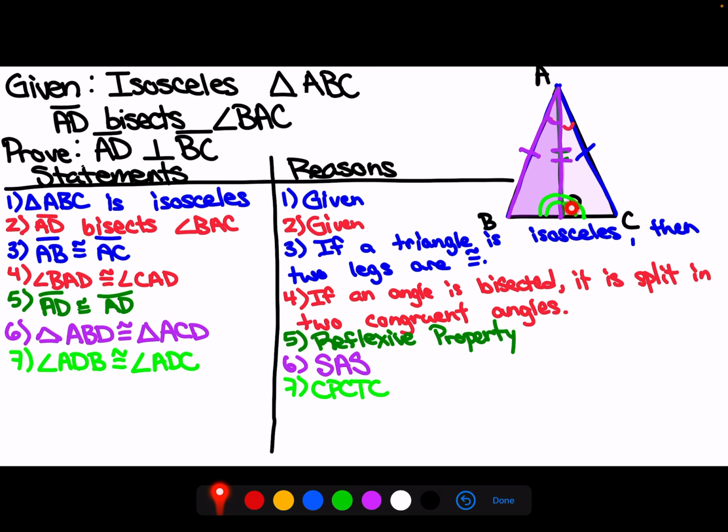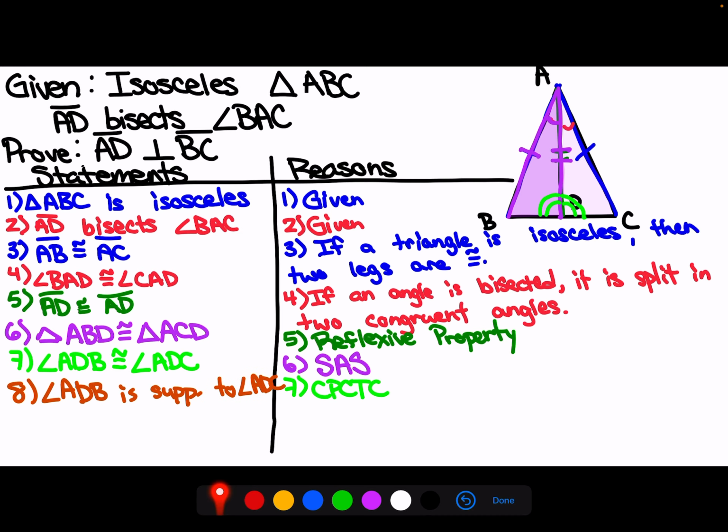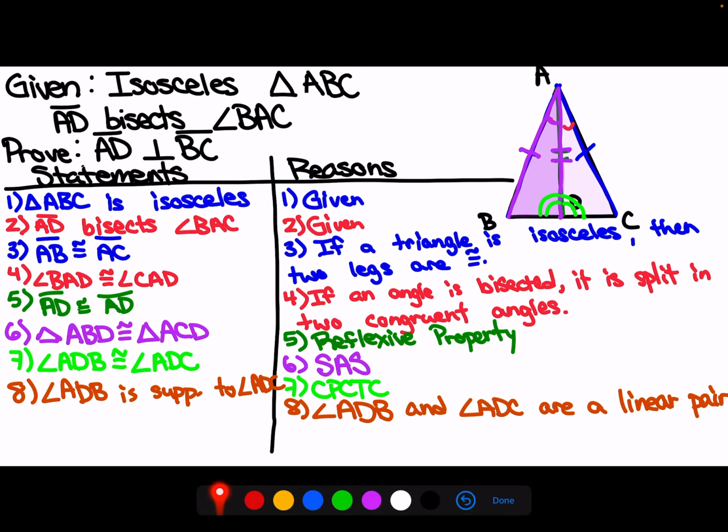So therefore, these two angles are congruent by CPCTC. Further, angle ADB is supplementary to angle ADC. And the reason that we know that is because it's a pair of angles that form a straight line, meaning that these two angles are a linear pair. And I know that a linear pair is always going to be supplementary.